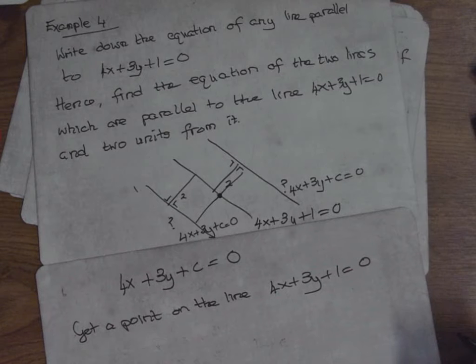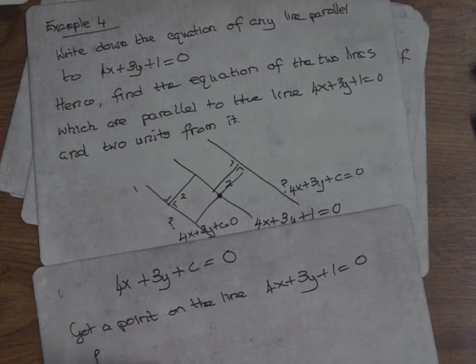Let x equal 0. Just let x equal 0 and you get a point. Or let y equal 0 and get a point, or let x equal 1 and get a point, or let y equal 7 and get a point. I'm just going to let x equal 0.